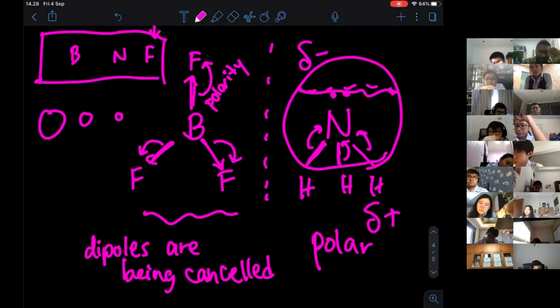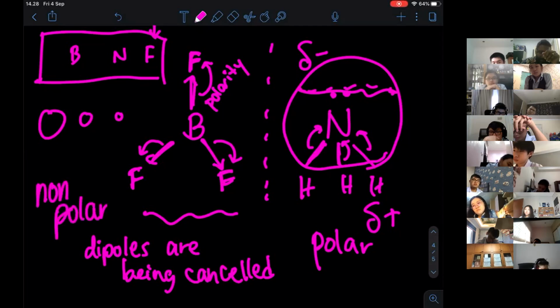It means it must be all F, and cannot have a lone pair. So when the dipoles are cancelled out, we call BF3 non-polar, even though the bonds themselves are polar.